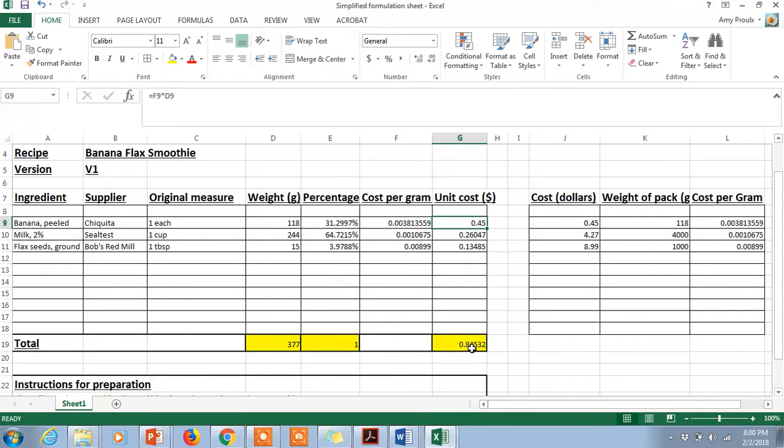And then if we add it up, we note that our recipe from an ingredient cost is going to cost 84.53 cents. And from there, you can take a look at which ingredients are contributing to the cost and make a decision if you need to be reducing cost by a certain fraction. Do you change the percentage of different ingredients?